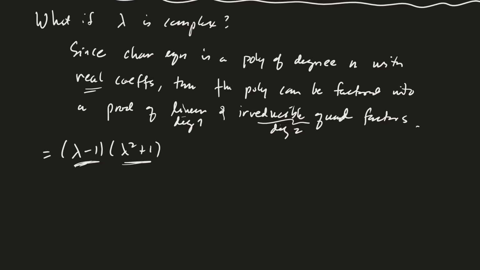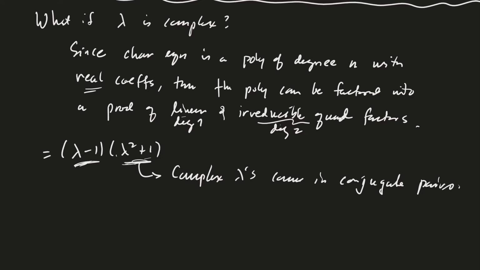Because the irreducible quadratic is going to have real coefficients, the complex lambdas must come in conjugate pairs. Always.